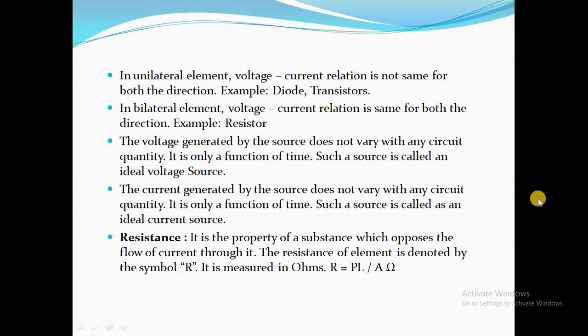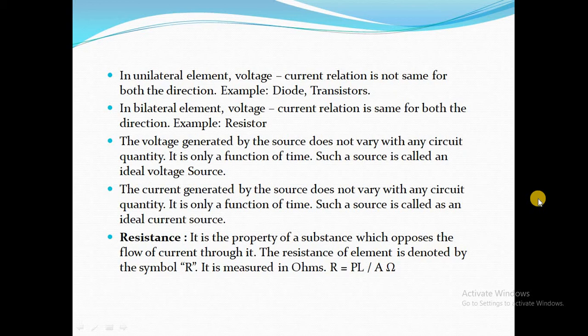And the current generated by the source does not vary with any circuit quantity. It is only a function of time. Such a source is called an ideal current source. The ideal current source and ideal voltage source are a very important part of your circuit analysis, which we will realize when we solve some examples in the future.